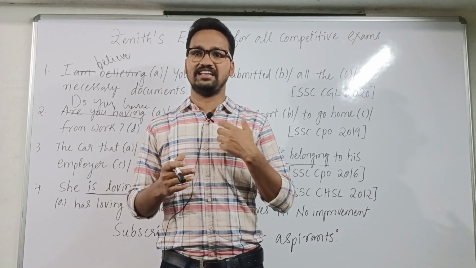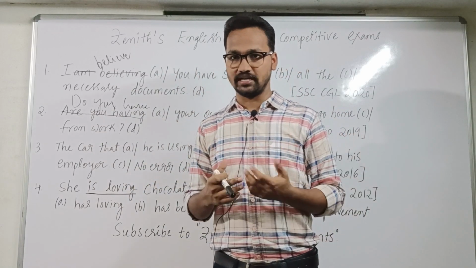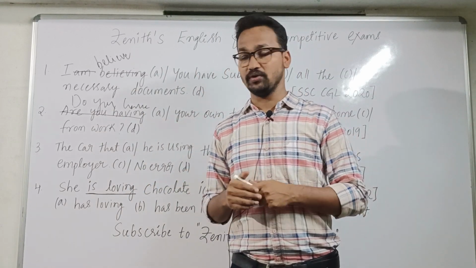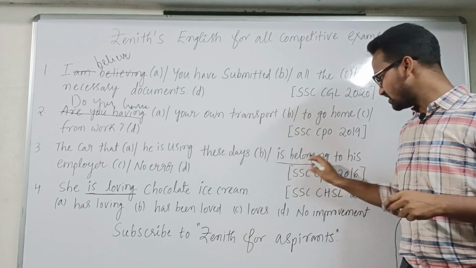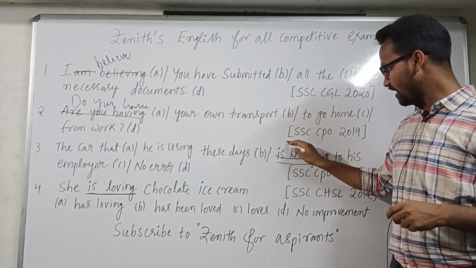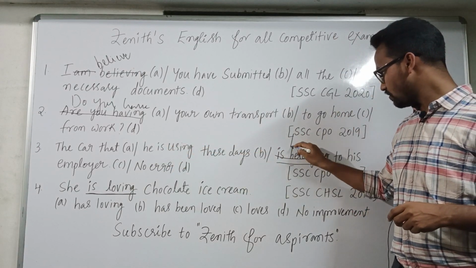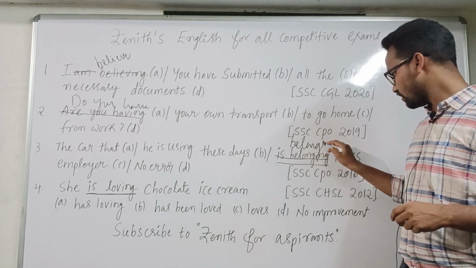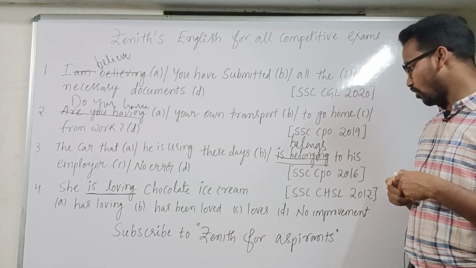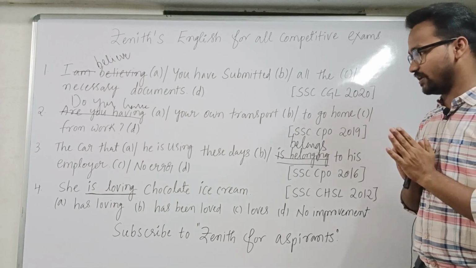It refers to a state, that is, possession, verbs of possession, so use it in the simple present tense. Instead of is belonging, we have to use: the car that he is using these days belongs to his employer. And this question was asked in SSC CPO 2016.